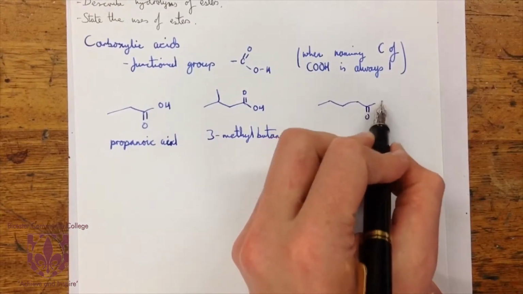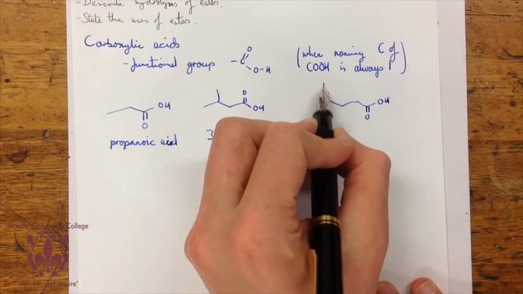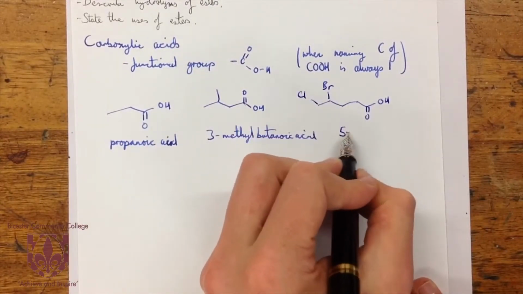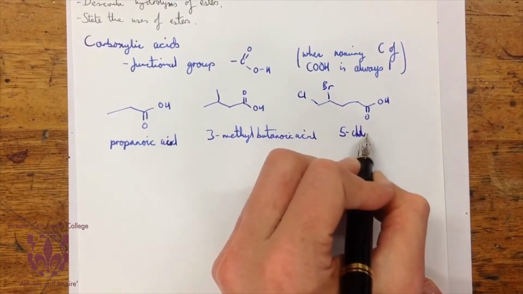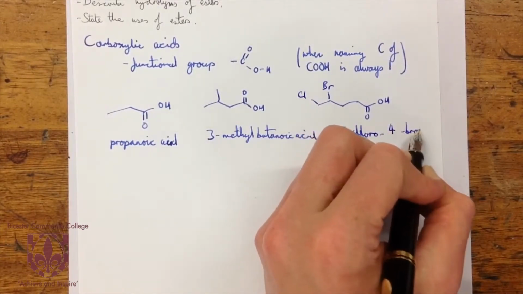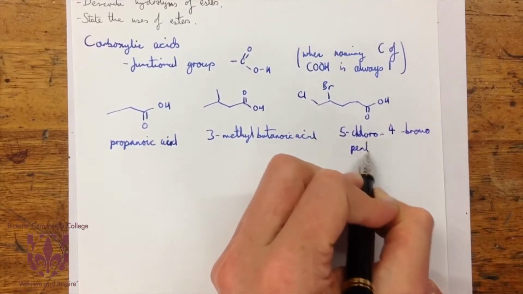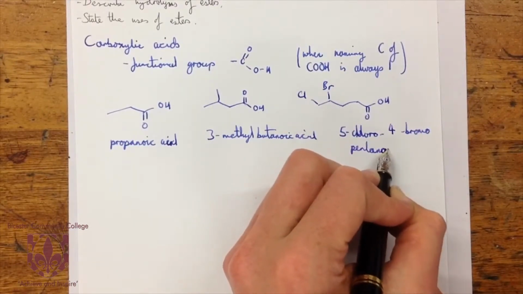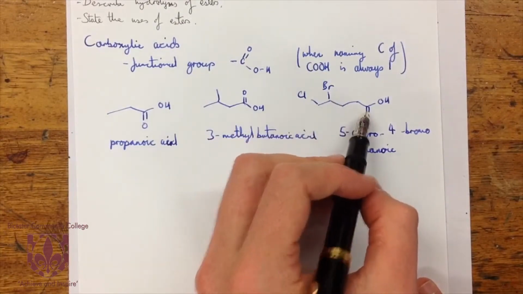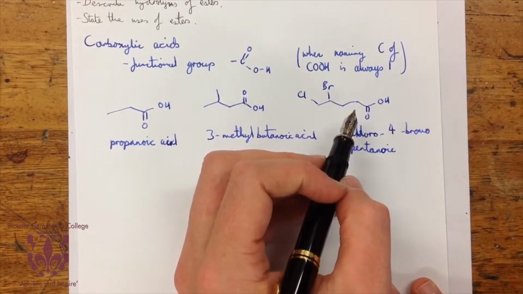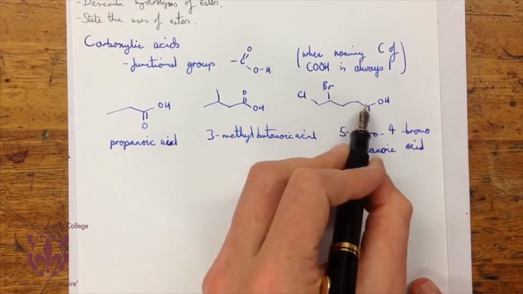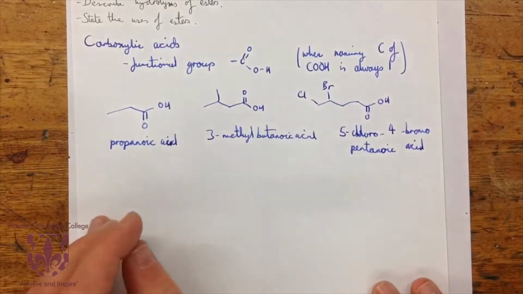So a Br and a Cl. So this will be 5-chloro, I'm going to run out of space, obviously, 4-bromo pentanoic acid. So it's not 1-chloro, 2-bromo, or pentan-5-oic acid or something like that. It's pentanoic acid. This is carbon 1, and these are 4 and 5.